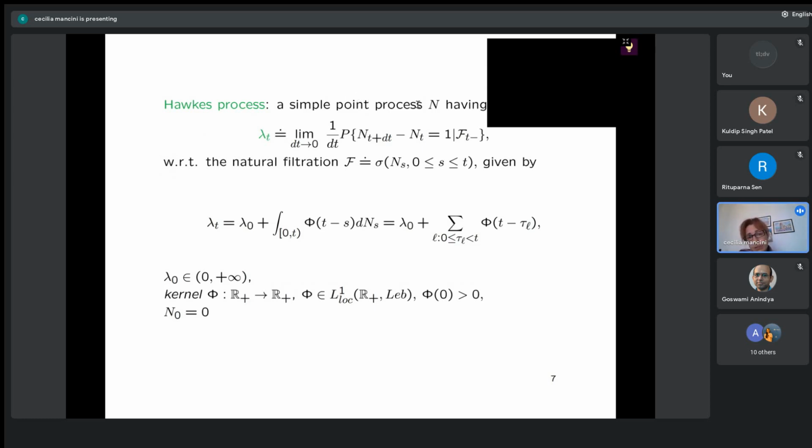It is a simple point process, where at each time at most one jump can occur, having intensity like this. Intensity is defined as the probability of having one jump in the interval from t to t plus dt, conditional to the information up to t minus.